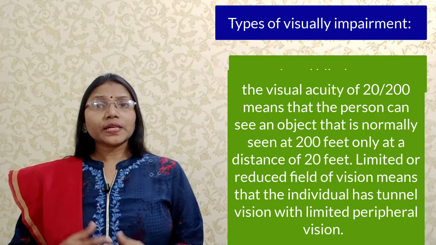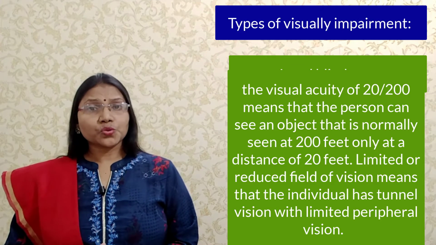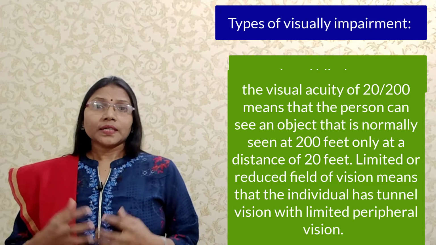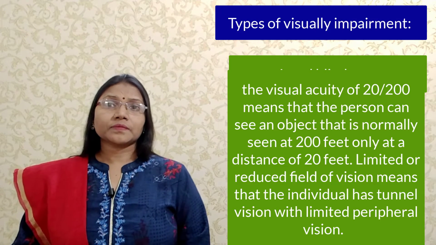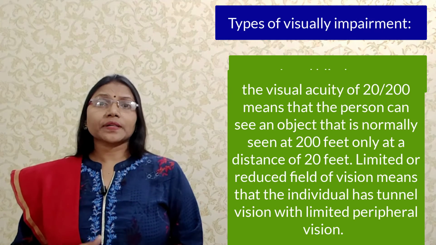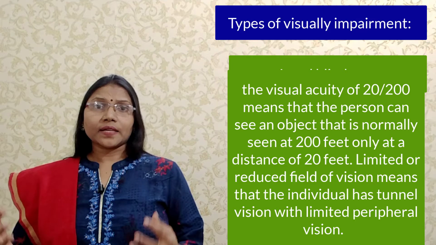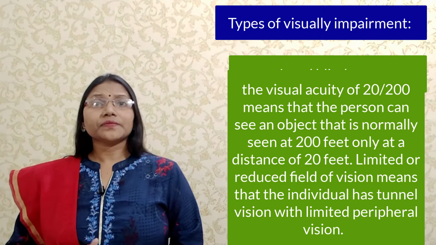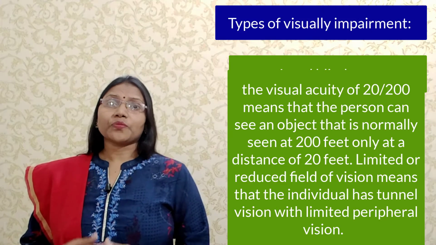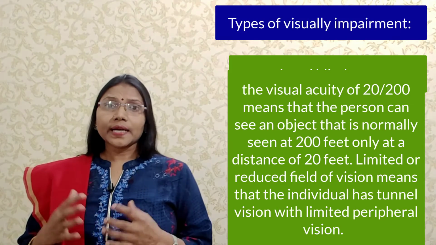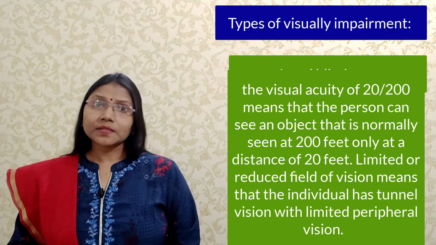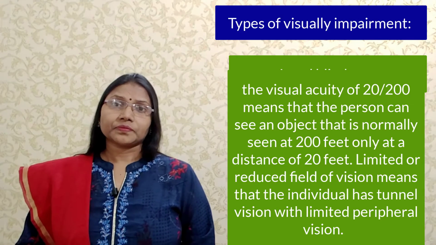Here, the visual acuity of 20 by 200 means that the person can see an object that is normally seen at 200 feet only at a distance of 20 feet. Limited or reduced field of vision means that the individual has tunnel vision with limited peripheral vision.